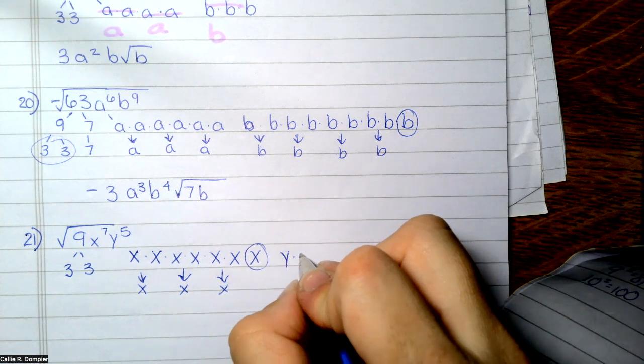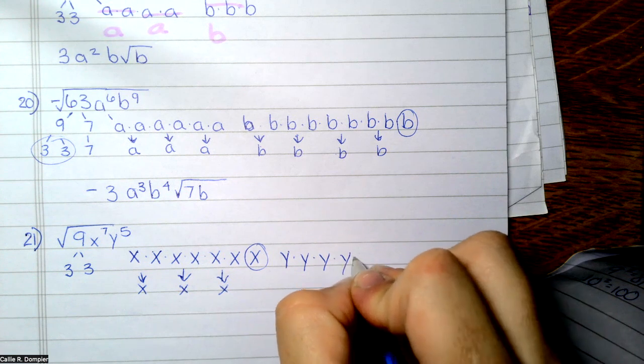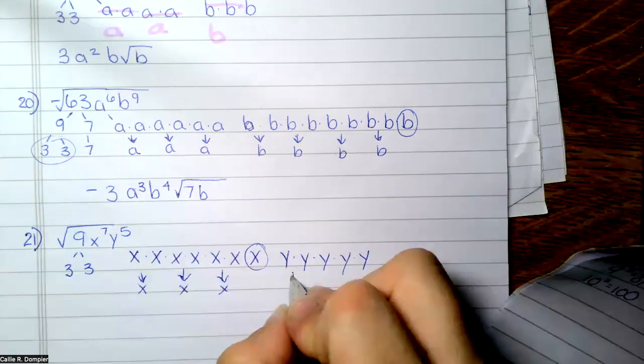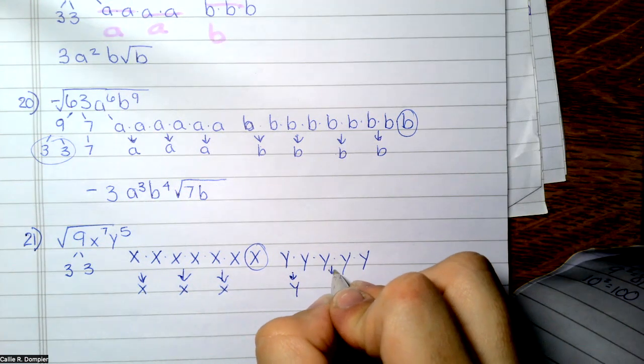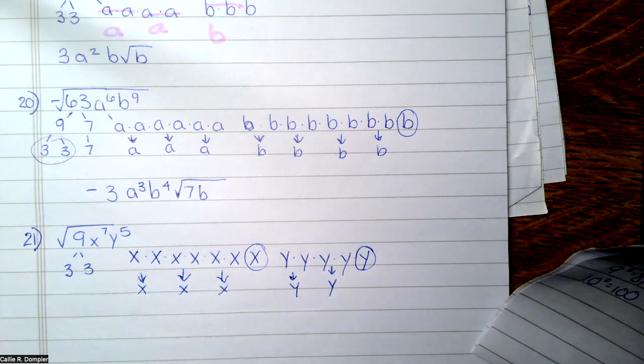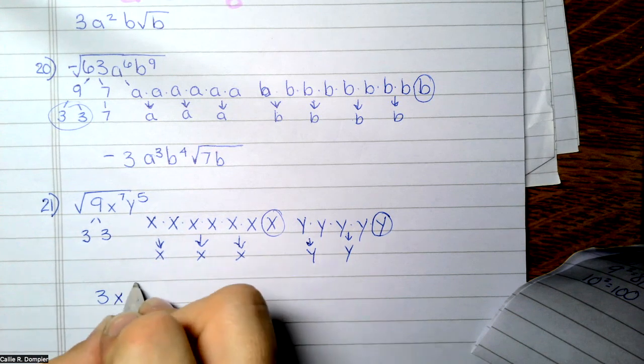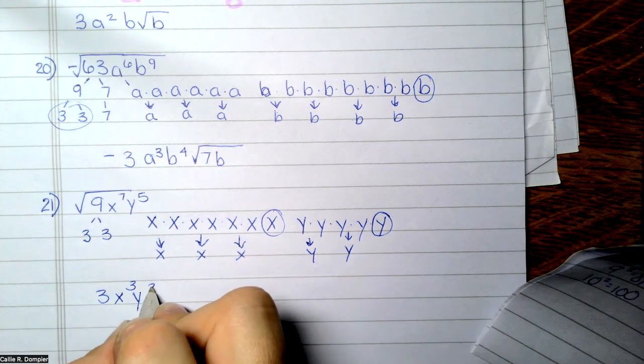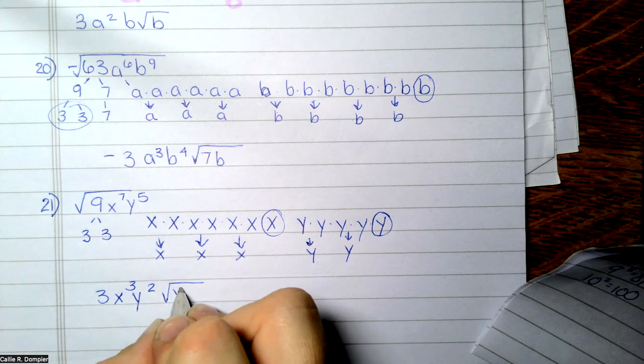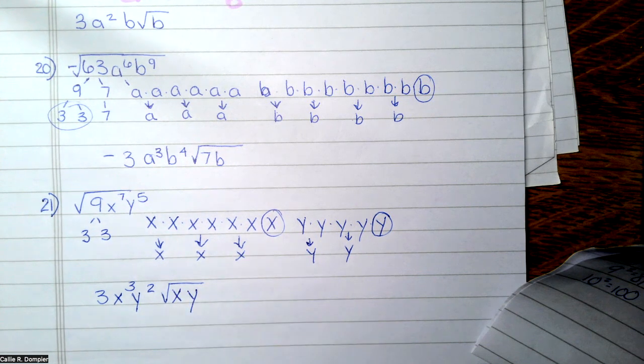Y to the fifth: 1, 2, 1 left over. So the 3's come out, 3 x's come out, 2 y's come out, and then inside we have x, y for 21.